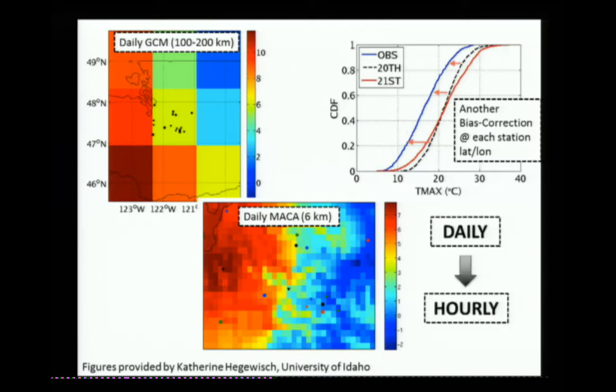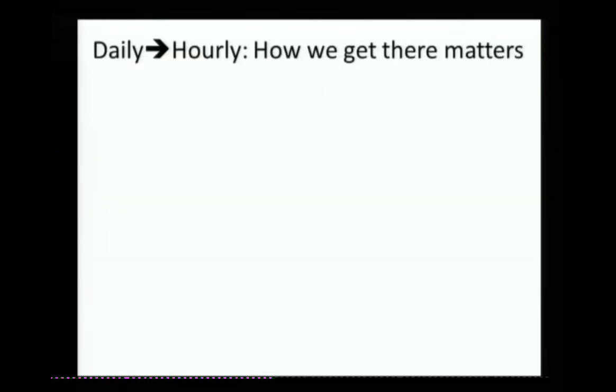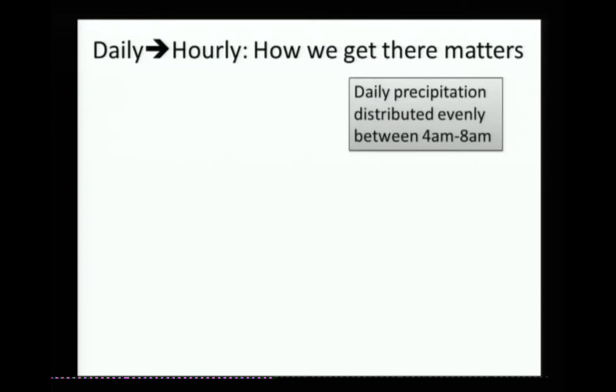So the final step is to bring this daily data onto the hourly time step, and what we've learned is that how we do this matters quite a lot. The function that SPU's hydrology model uses by default when they don't have hourly data available is to disaggregate the daily data to hourly by spreading the daily precipitation evenly over a 5-hour period between 4 a.m. and 8 a.m., a particularly cold time of the day.